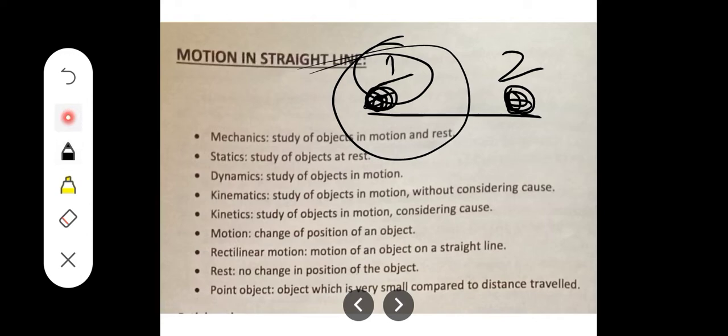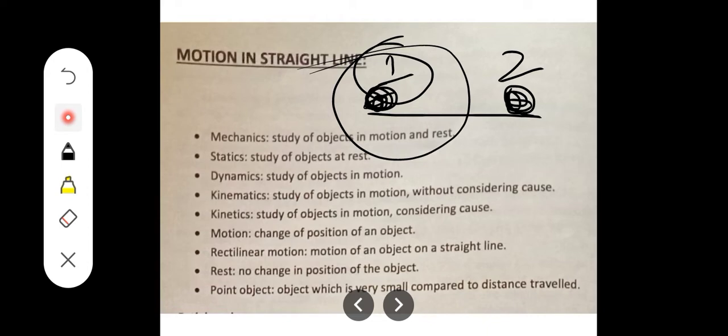So then point object. This word we will use later in some cases. What is that point object? Object which is very small compared to distance traveled. Suppose you consider a bus which is moving around 100 kilometers. Just imagine a bus is moving from one city to another city and it moves around 100 kilometers.